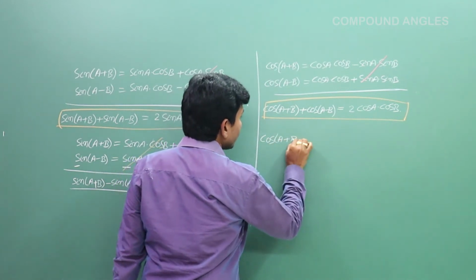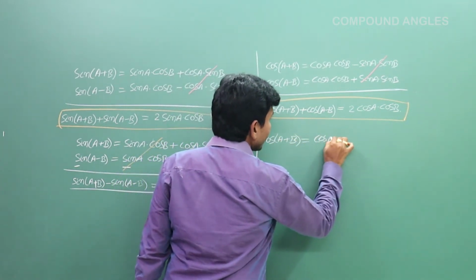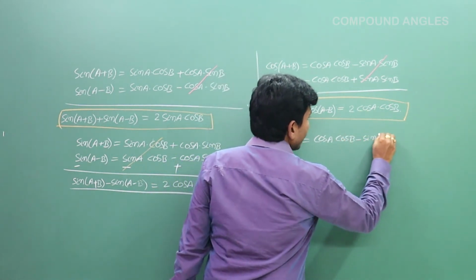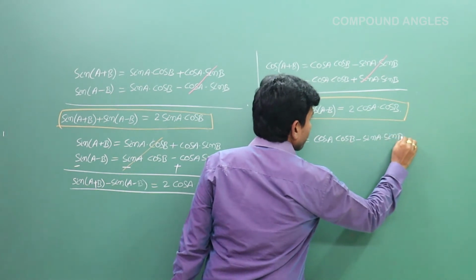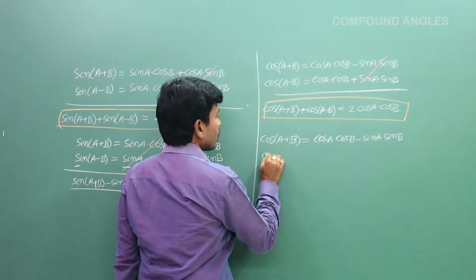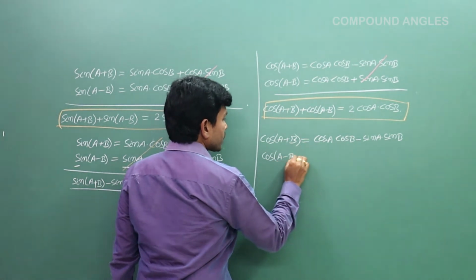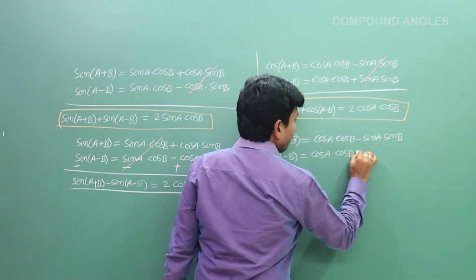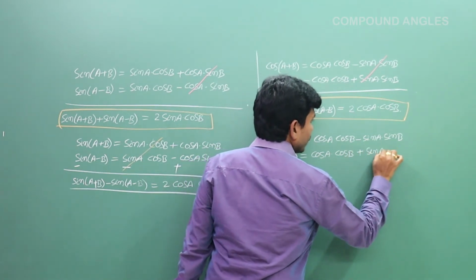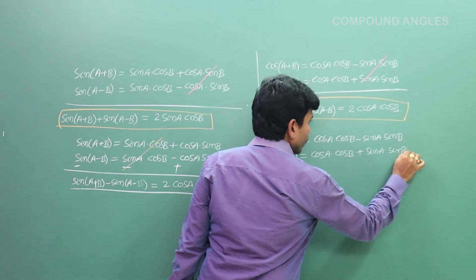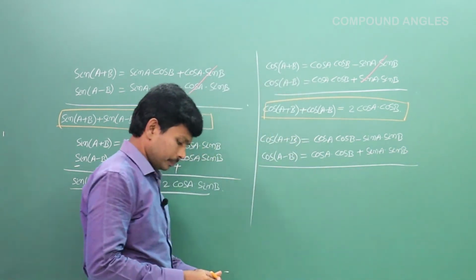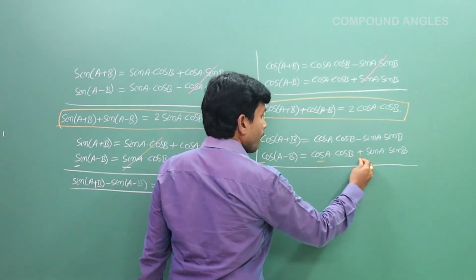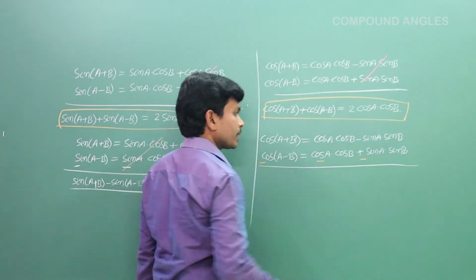Like that, here you have to subtract it. Cos of a plus b is equal to cos a cos b minus sin a sin b. And cos of a minus b is equal to cos a cos b plus sin a sin b. Now subtract both. Subtraction means symbols be changed.